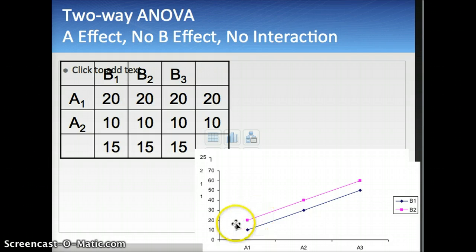So once we see they go up, we know that there is a meaningful effect of factor A, but we're not too sure if the difference between B1 and B2 is significant. So we have an A effect, but no B effect, and no interaction effect.